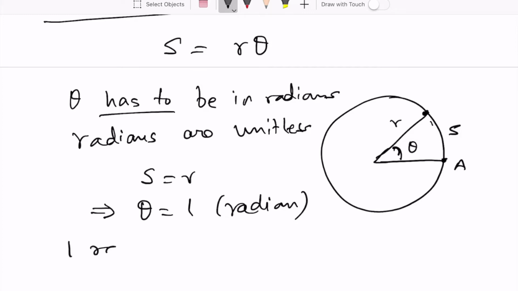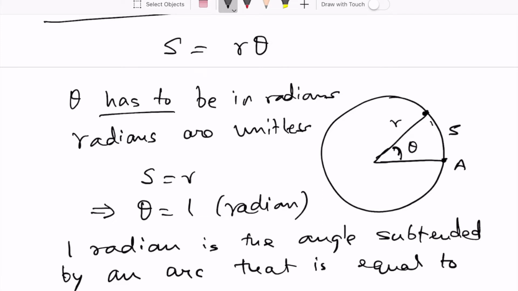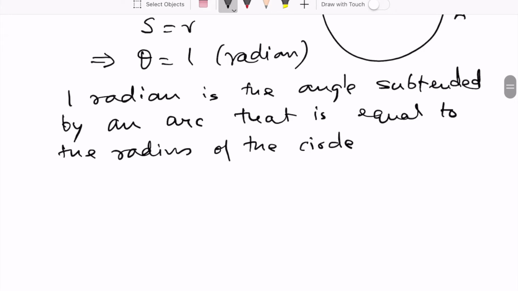So 1 radian is the angle subtended by an arc that is equal to the radius of the circle. Okay, that's the definition of a radian. And 1 radian is approximately 57.3 degrees, I think. All right.